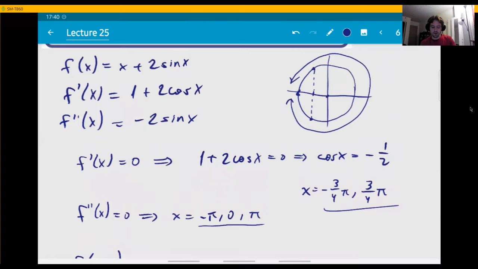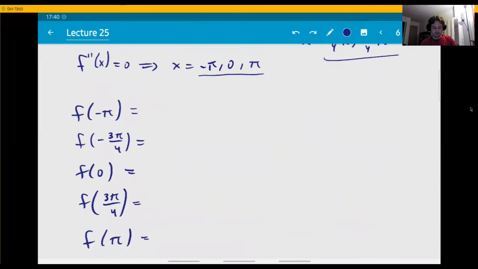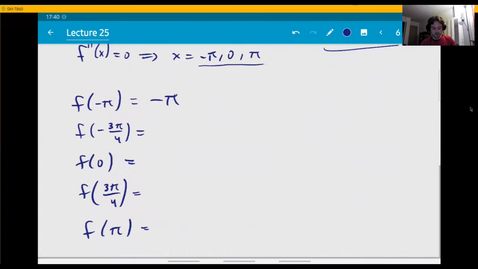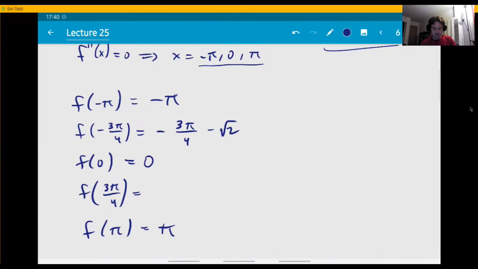Plug all that into f, which is x plus 2 sine x. That's going to give you minus pi and pi for these guys. Now minus 3 pi over 4 minus root 2. Sorry, not over 2, because it's 2 sine x, so minus root 2. F of 0 is 0, and this one is plus 3 pi over 4 plus 2 times root 2 over 2.